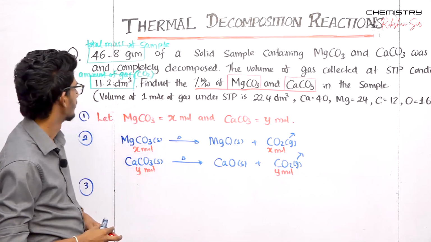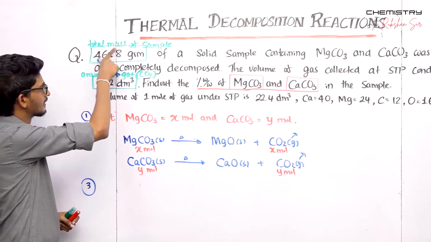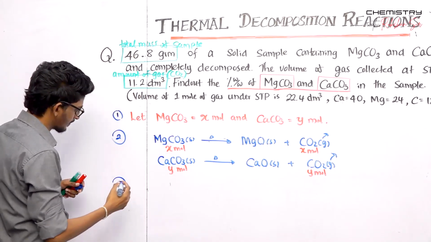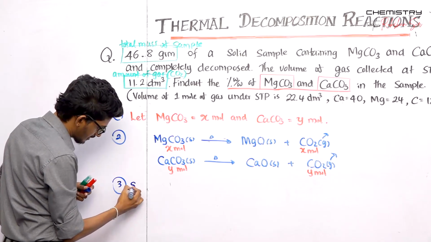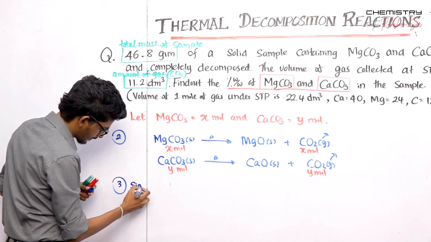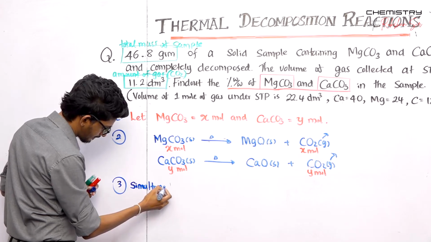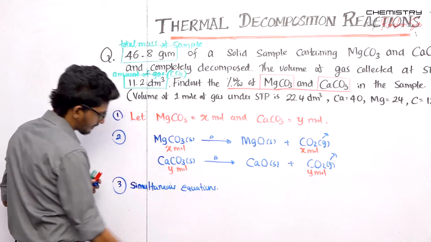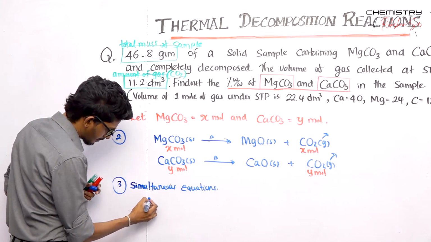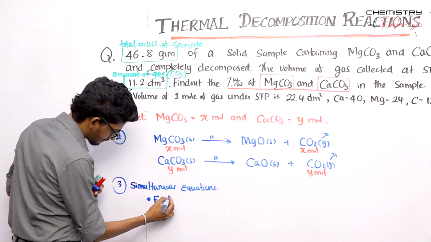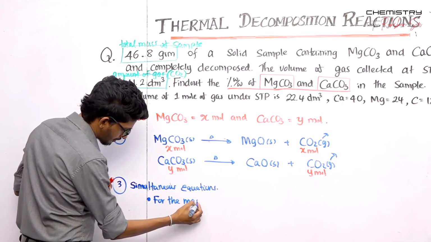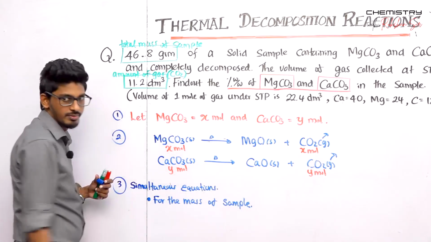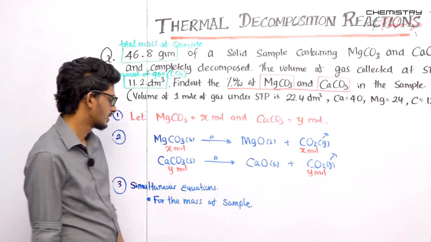So for the first data point, it is given as a mass, so we can come up with the simultaneous equation for this one. So let's come up with that. The first simultaneous equation is for the mass of the sample, in grams.